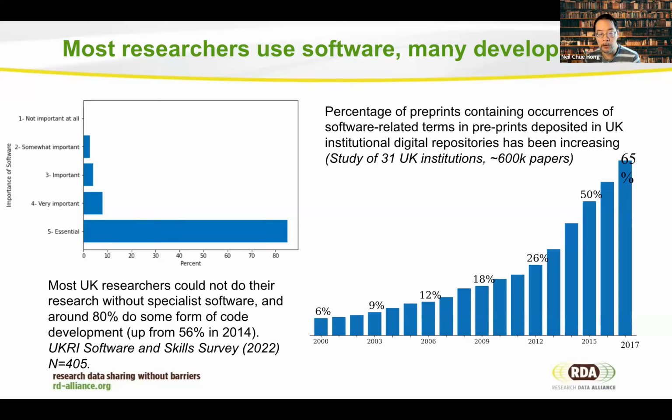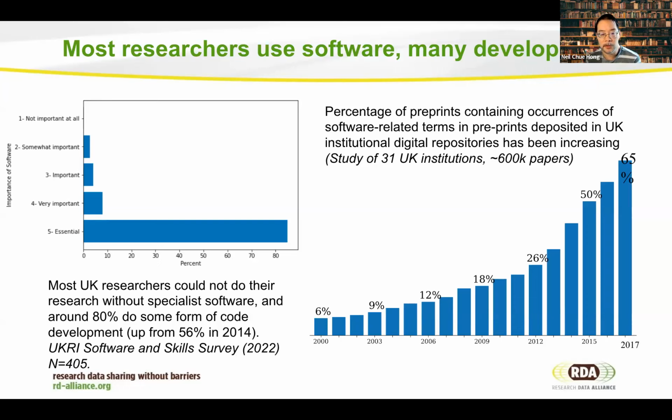The other thing that we've looked at in our attempts to find how much software is out there is to look at preprints and try and understand what proportion of preprints feature something that indicates that software has been used as part of that research. And so the graph on the right is a scan of the percentage of preprints in a study of 31 UK institutions.